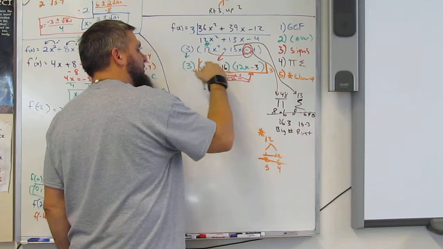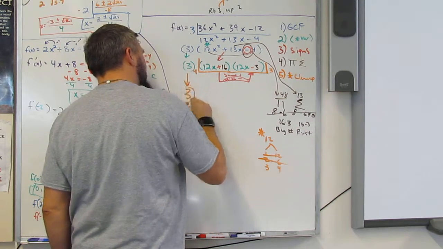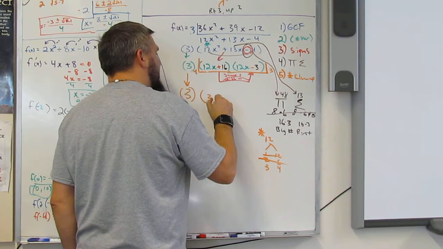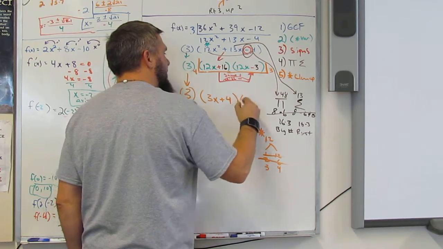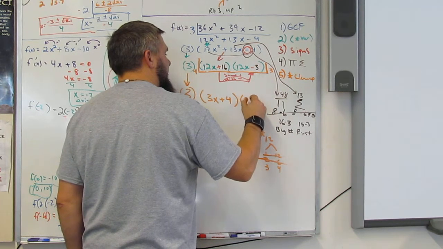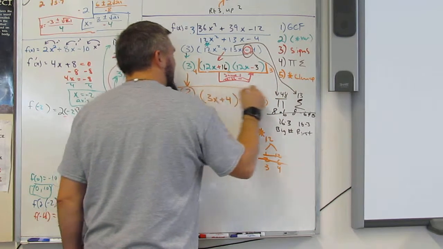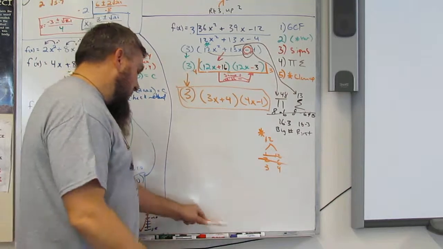Does 4 go into both of these? Yes. Okay, so then I bring down the 3, and 4 goes into 12 3 times. 4 goes into 16 4 times. 3 goes into 12 4 times, and 3 goes into 3 once, and now I've factored it. And that's the 5-step method. It works every time.